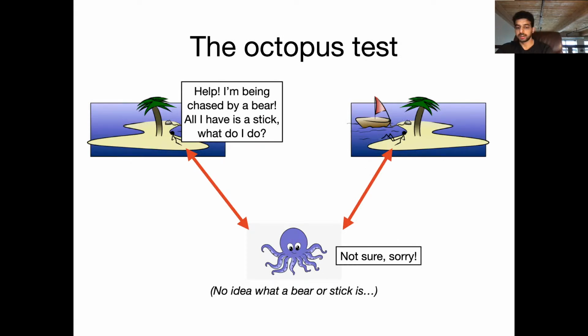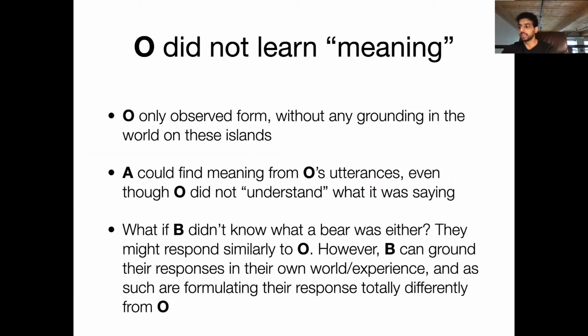So the type of reasoning that it's doing is very different than what B is doing, because B has this additional grounding and real world experience with all of these different concepts that O doesn't have, with only access to the form.